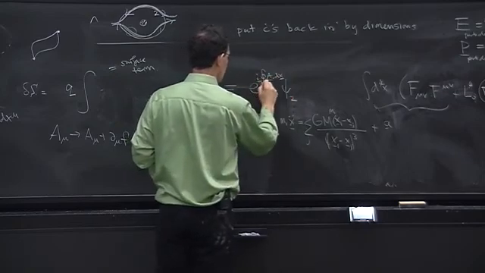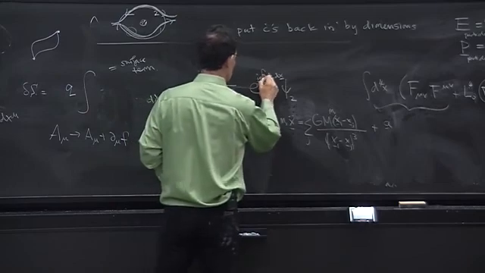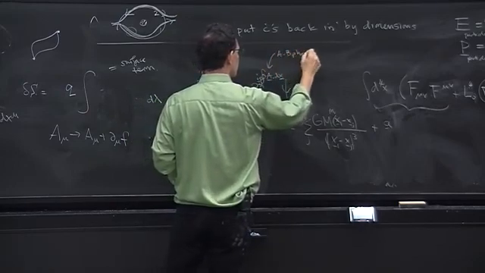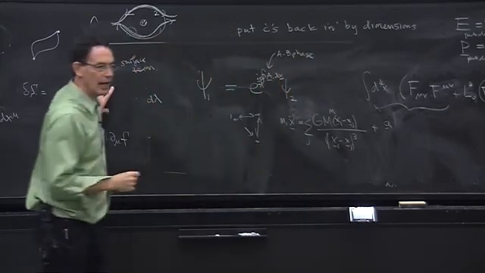And then there's an h bar, there's a q, and this is exactly the Aharonov-Bohm phase. So this comes exactly out of this term in the action.